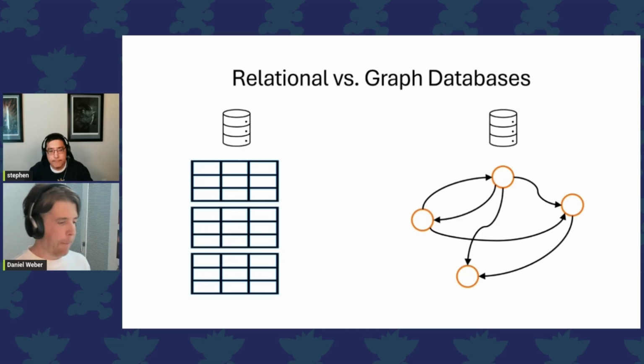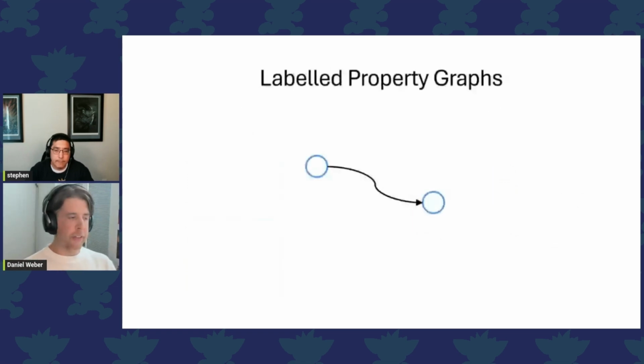And in our world, the TinkerPop world, I assume there are different ways of describing or viewing a graph, but the TinkerPop way of dealing with graphs is we observe labeled property graphs.